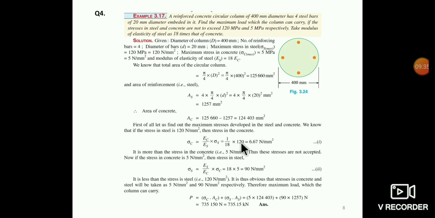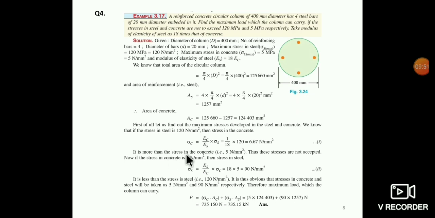So 1 upon 18 into 120, which is given as stress in steel in the question, 120 megapascal, gives us sigma C value 6.67 Newton per mm square.